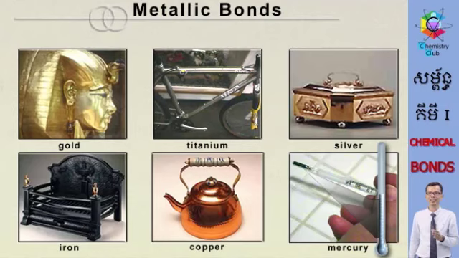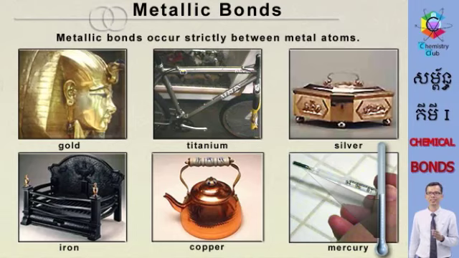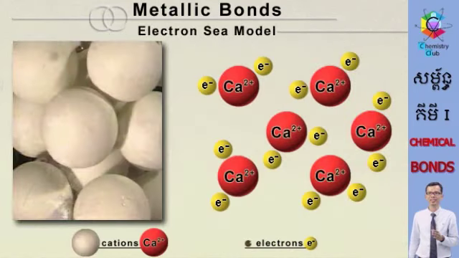The second type of bond discussed in this program is the metallic bond. Unlike ionic bonds, which occur between metal and nonmetal atoms, metallic bonds occur strictly between metal atoms. The simplest model of metallic bonding is called the electron sea model.